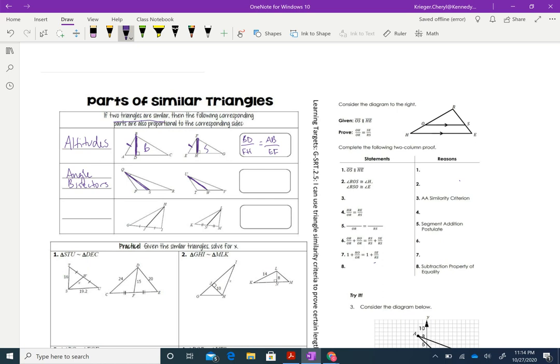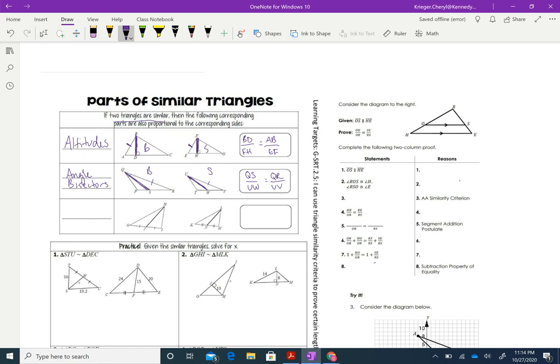So if we do big triangle over small triangle again, my angle bisectors are QS over UW, and I'll choose a side and its corresponding side. So this time let's do QR and UV. So QR over UV.